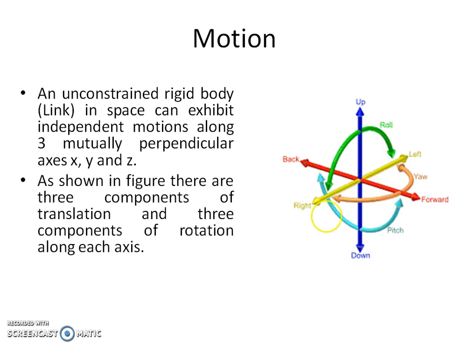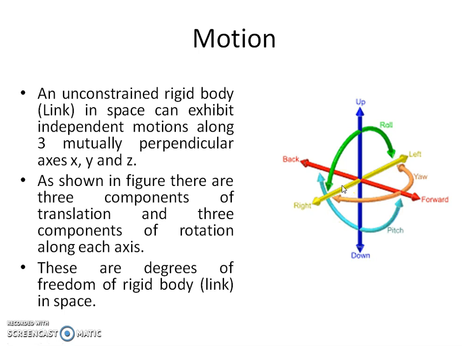As shown in the figure, there are three translatory motions along the three perpendicular axes x, y, and z, while there is rotary motion about each of those axes. These different motions about the three mutually perpendicular axes are called the degrees of freedom of a rigid body in space.